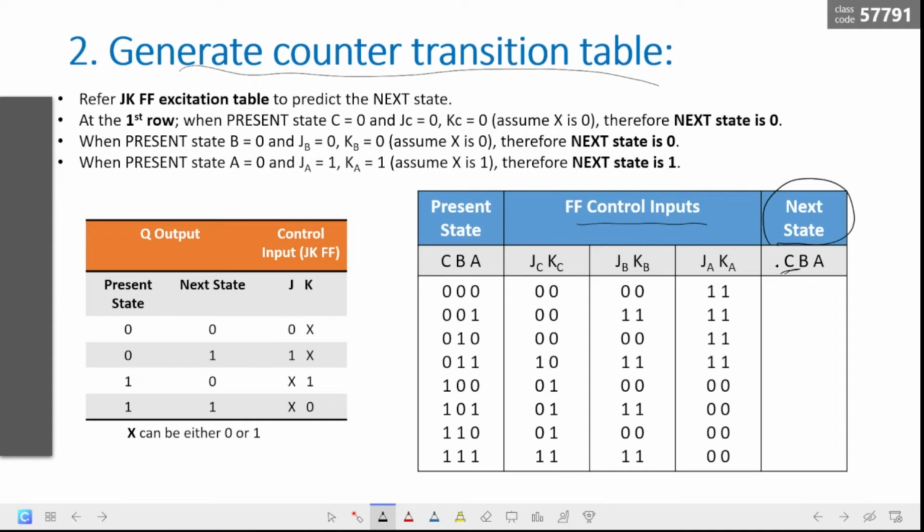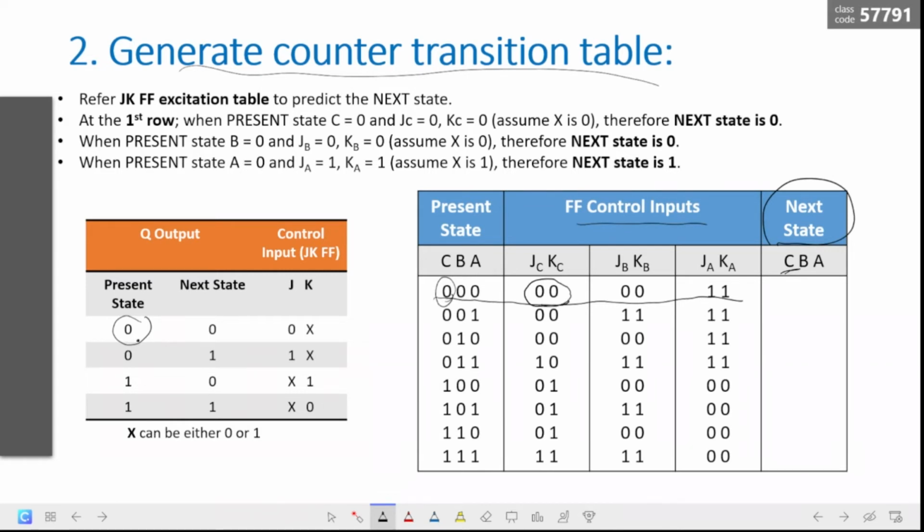Now to do this, we have to refer back to our JK FF excitation table to predict the next state. Let's look at the first row and do C first. The present state is 0, and J is 0, K is 0.